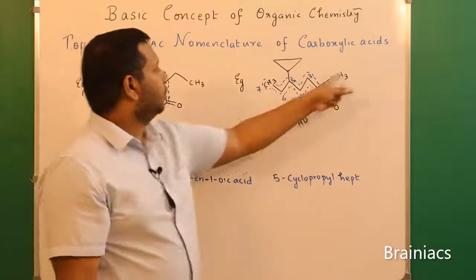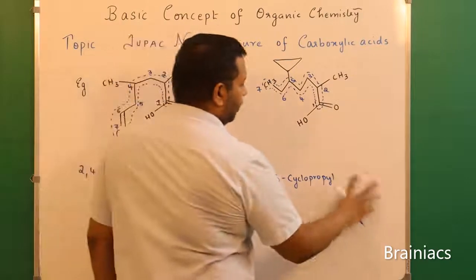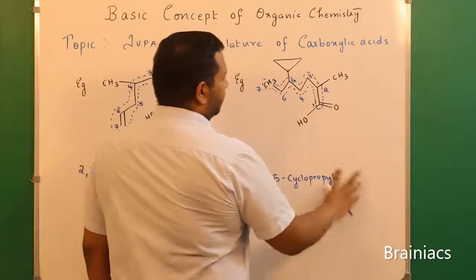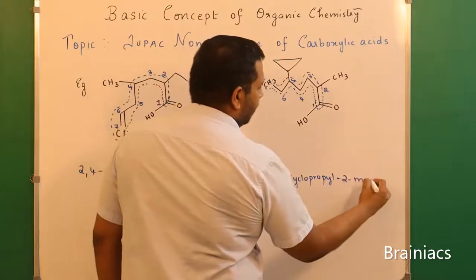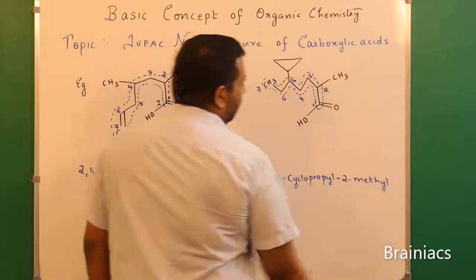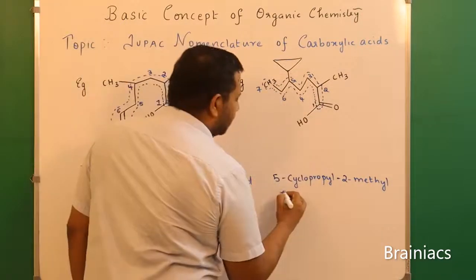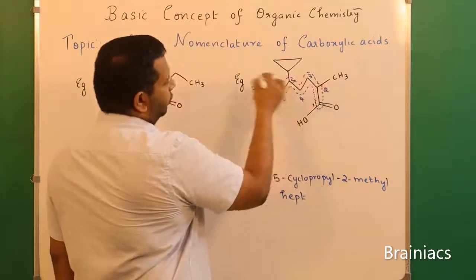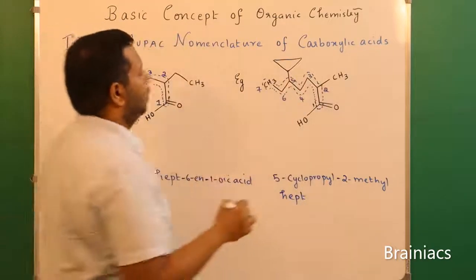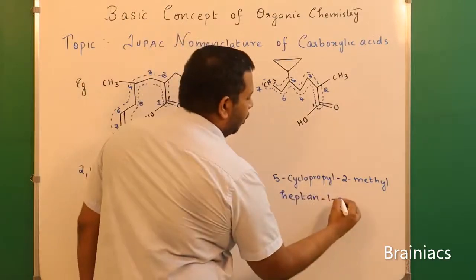At the second position also there is a substituent, so I can write that also. So 5 cyclopropyl, then hyphen 2 methyl, okay, 5 cyclopropyl 2 methyl hept. We will see all are linked through single bonds, so there are no issues. So I can say heptane. At first position, 1 oic acid.